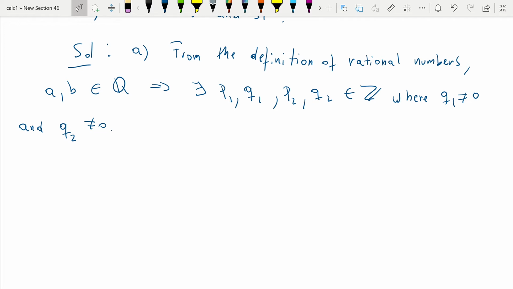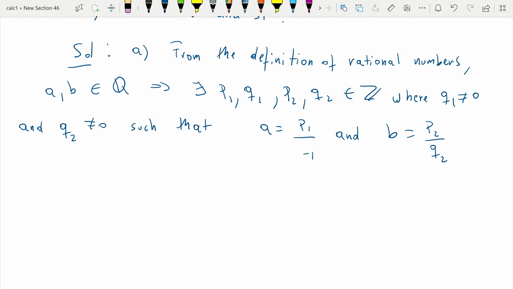Okay, so we know A and B are in Q, so there exist integers P1, P2 and non-zero integers Q1, Q2, such that A is equal to P1 over Q1, and B is equal to P2 over Q2.